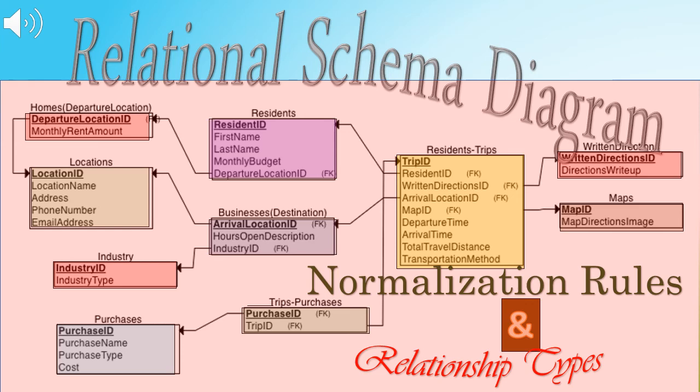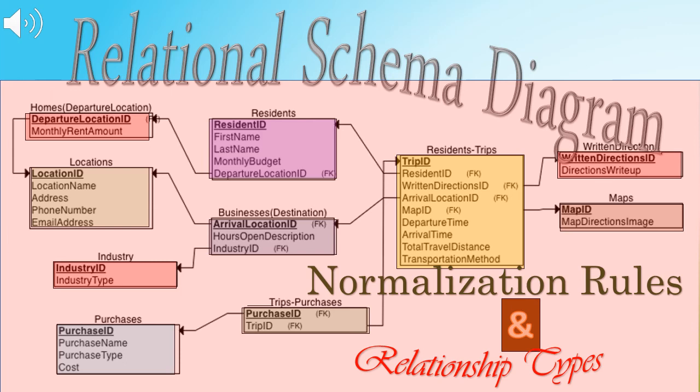It satisfies second normal form because all attributes in the table depend entirely on the auto number of the primary key, which is industry ID, and satisfies third normal form because none of the attributes within the table depend on primary keys from other tables, and there is only one primary key for this table, so we automatically do not have to worry about violation of third normal form.